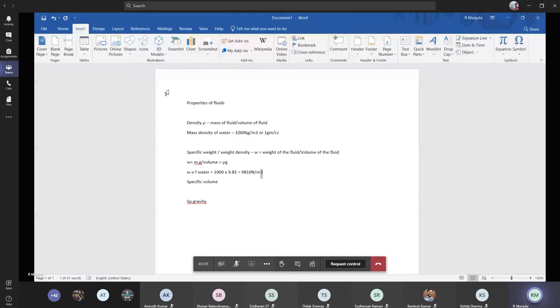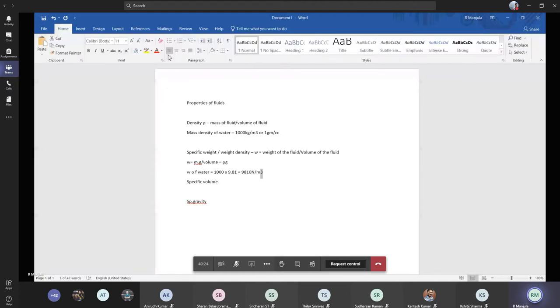So 1 kg meter per second squared is nothing but 1 Newton. Divided by meter cube, you'll be getting 9810 Newton per meter cube. So this is the weight density of water. Weight density or unit weight of water is 9810 Newton per meter cube.